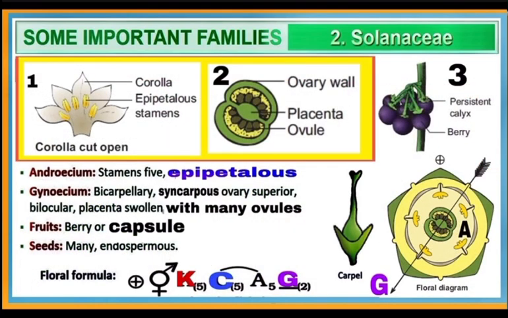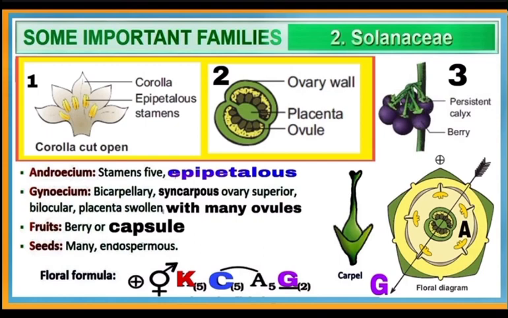Androecium or stamens. Stamens are 5 in number and are epipetalous, or you can say they are fused with petals. For this, see diagram number 1 and also see the floral diagram where A, androecium or stamens, are fused with petals. Gynoecium. It is bicarpellary.